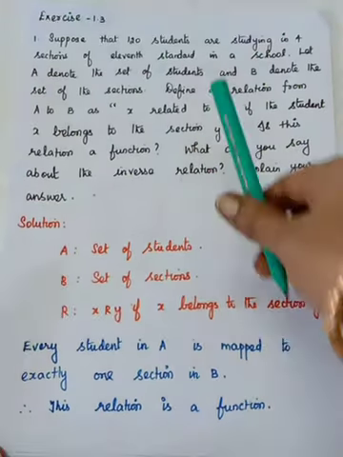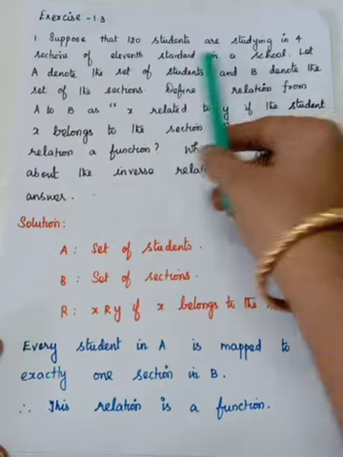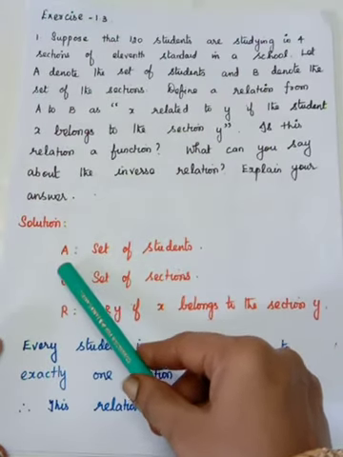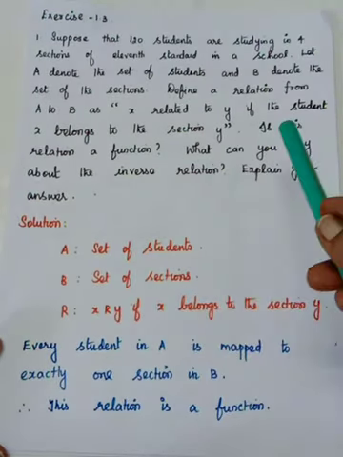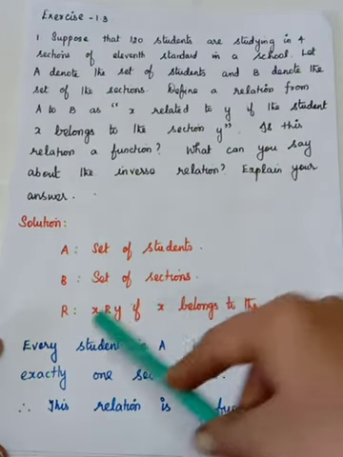Here, the number of students is 120. They are studying in how many sections? 4 sections. Here, what is A? A is the set of students. B is the set of sections. What is R?